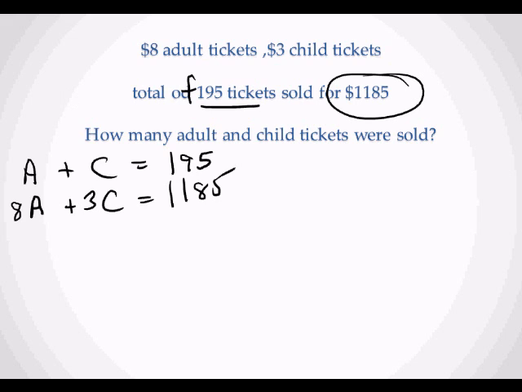And I need to solve this using substitution or elimination. Remember that elimination method. I'm going to use elimination. So I'm going to multiply. You can multiply the top row by -8, or you can multiply the top row by -3. Either way, we're going to eliminate one of them. Watch. I'm going to multiply the top row by -3, -3 times each term up here.